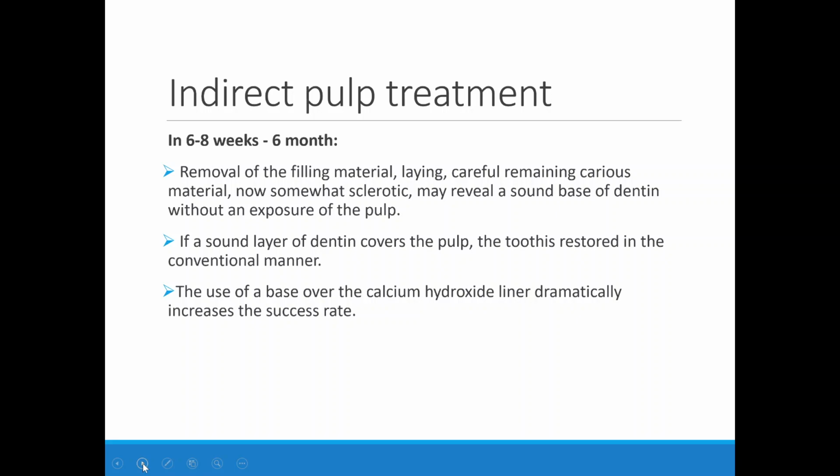Some investigations tell us that you should not use calcium hydroxide liner during this appointment because it has a high solubility, and then we have an empty layer between the isolating liner and the dentin, the tertiary dentin.